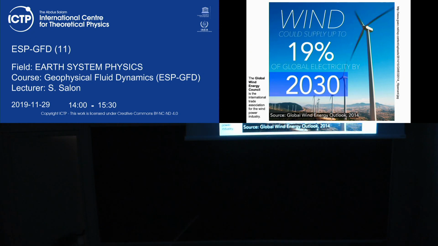The Global Wind Energy Council, the international trade association for the wind power industry, said that almost one fifth, 19% of the global electricity by 2030, so in 10 years from now, will be supplied by wind. They said this in 2014. So if I keep my course up to 2030, for the next 10 years, I will go and see if it's correct.